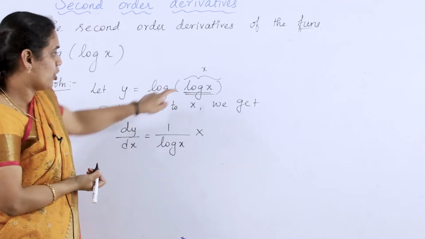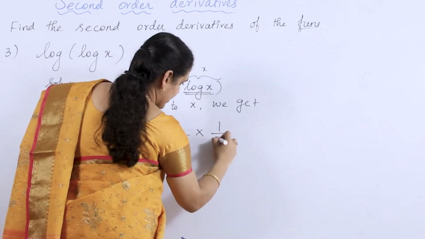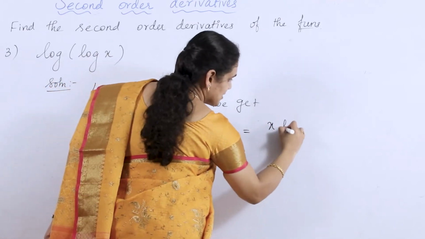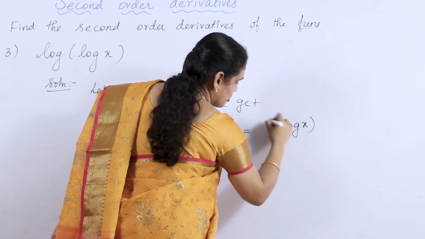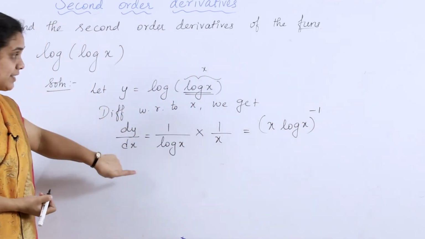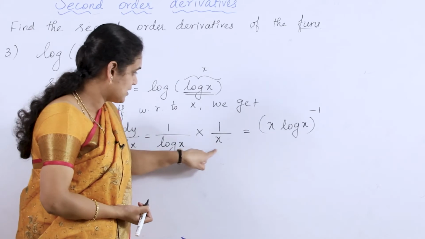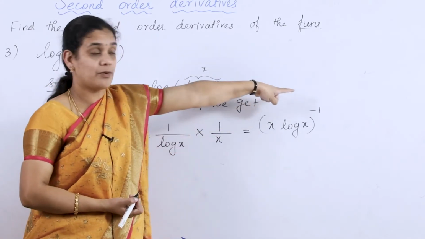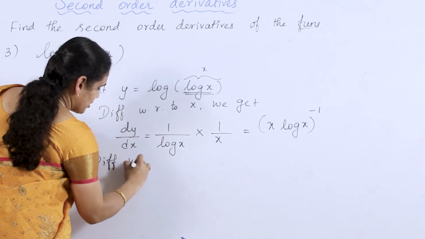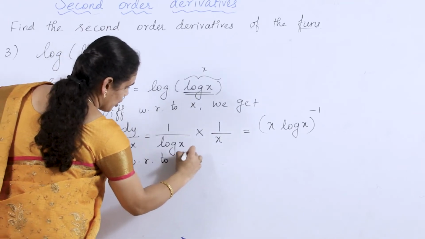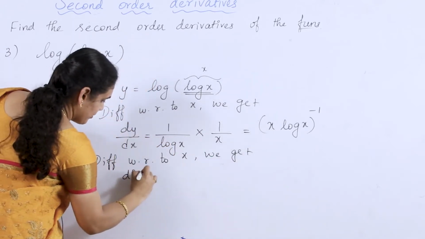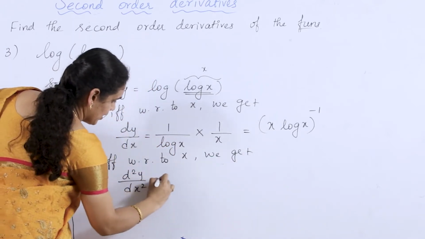If you differentiate log x again, you get 1 by x. So I am going to write it as x log x whole to the power minus 1, easy to differentiate for the second order derivative. This is in the denominator, so I brought it to the numerator with the power minus 1. Then we differentiate with respect to x, we get d square y by dx square.